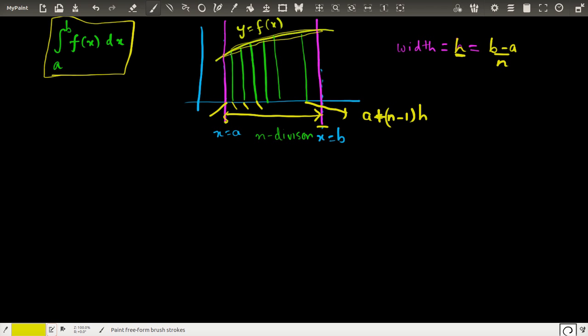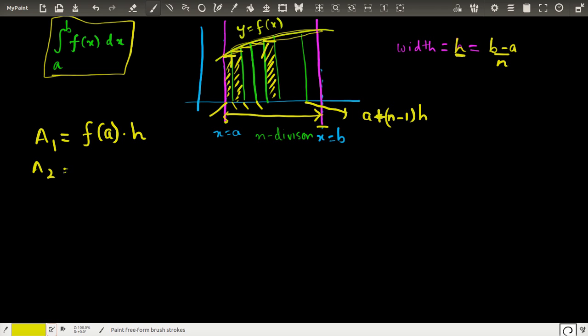Now clearly we can divide this area in the form of vertical rectangles. So this is one area, this is the second, this is the third, this is the fourth, and so on. The width of each rectangle is the same, so we are just finding the areas of these rectangles. Let's say the area of the first rectangle is a1, which is height into width. The height is the functional value at x equals a, into the width we have defined as h.